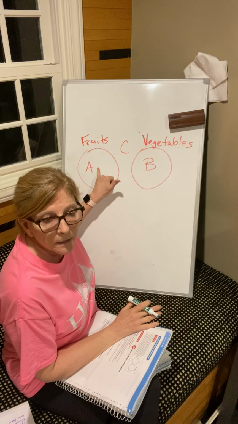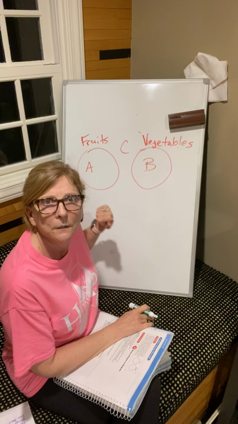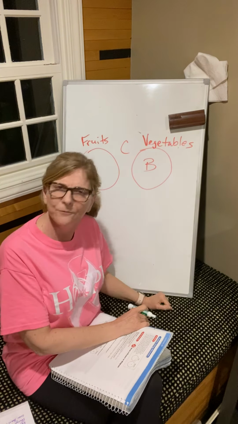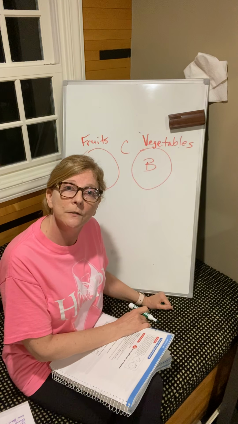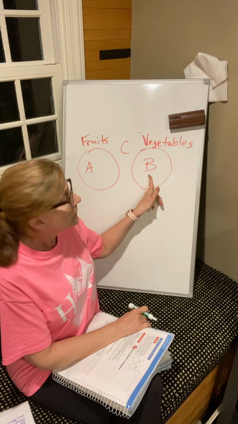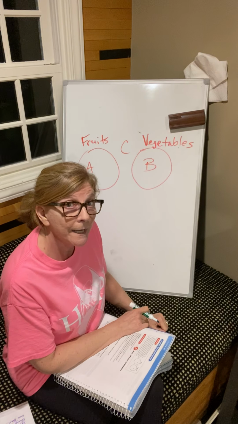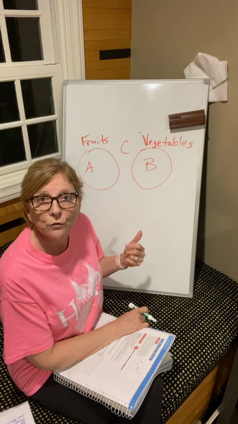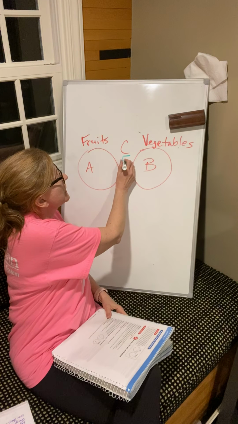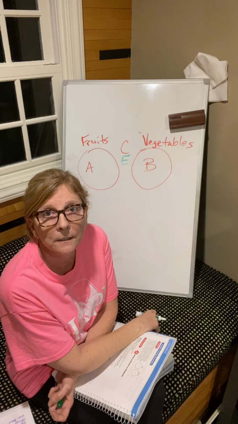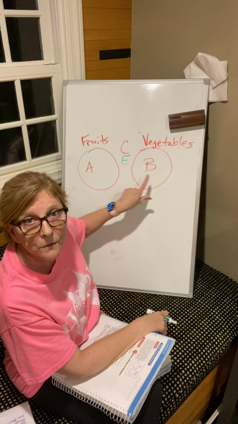Is an egg a fruit? Are they a vegetable? I don't think they're either one. When it's neither one, it's going to join the C, the cheese. It's not going to go in either circle.